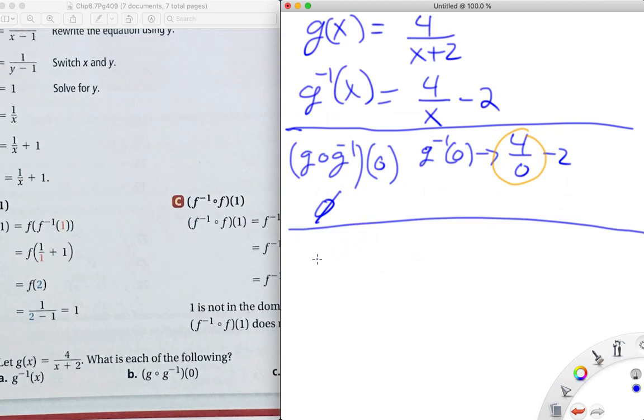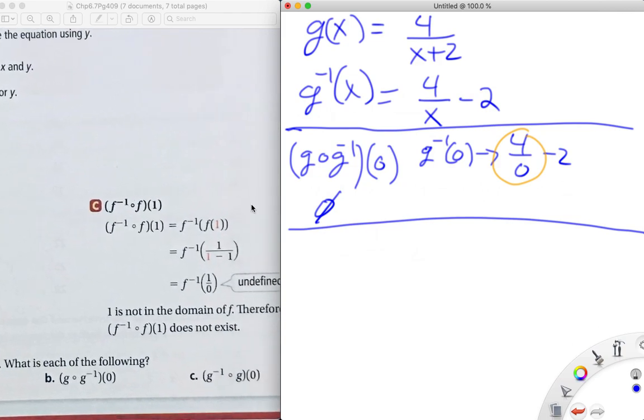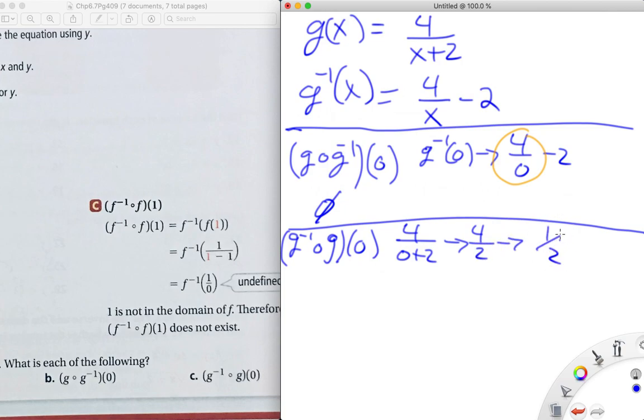So that's not my one-to-one function. Now if I do it over here and do g of negative 1 composite g of 0, in this case I'm going to do this first, and it's going to be 4 over 0 plus 2, which is 4 over 2, which is 2. Then I'm going to plug this 2 down here into g inverse.